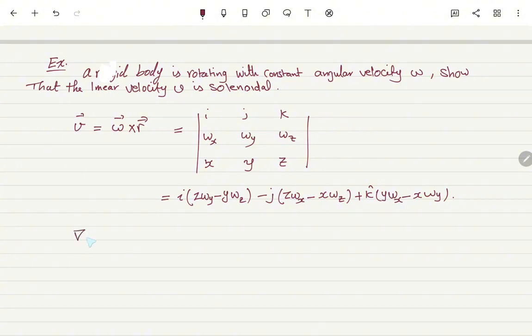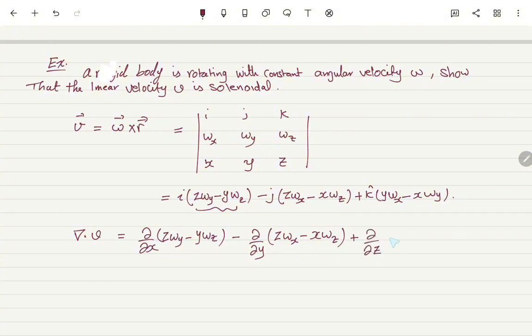Therefore, divergence V equal to partial x for this part right here, (z omega y minus y omega z), minus partial y (z omega x minus x omega z), plus partial z (y omega x minus x omega y).